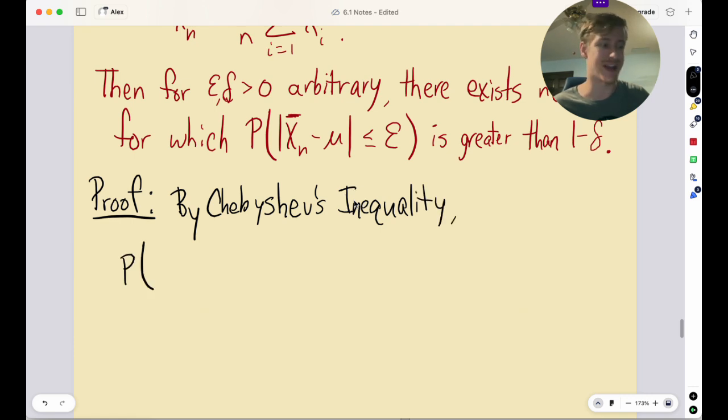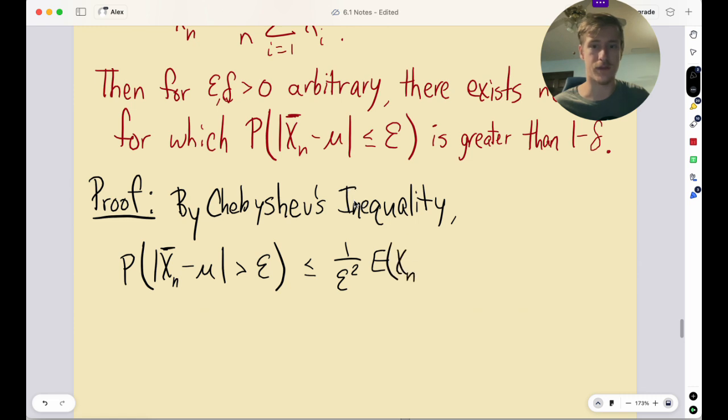Remember, I had you do an exercise where you showed that the bound was awful. But what Chebyshev's inequality says is that the probability that xn bar minus mu exceeds epsilon is bounded above by 1 over epsilon squared times the expected value of xn bar squared. It's just verbatim what Chebyshev's inequality is.